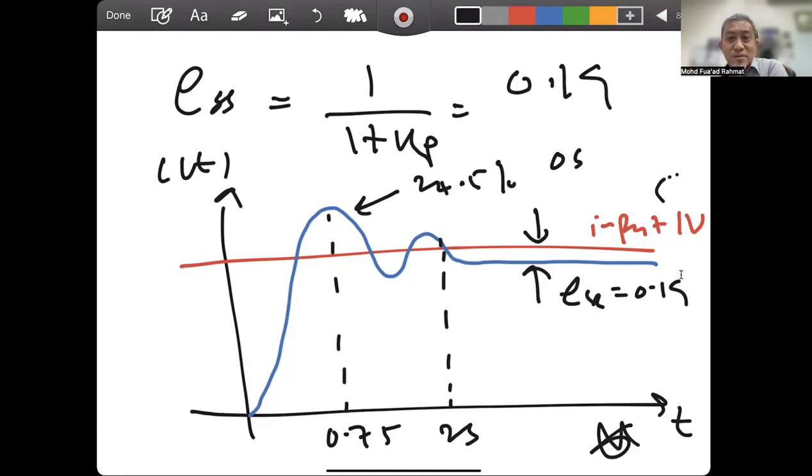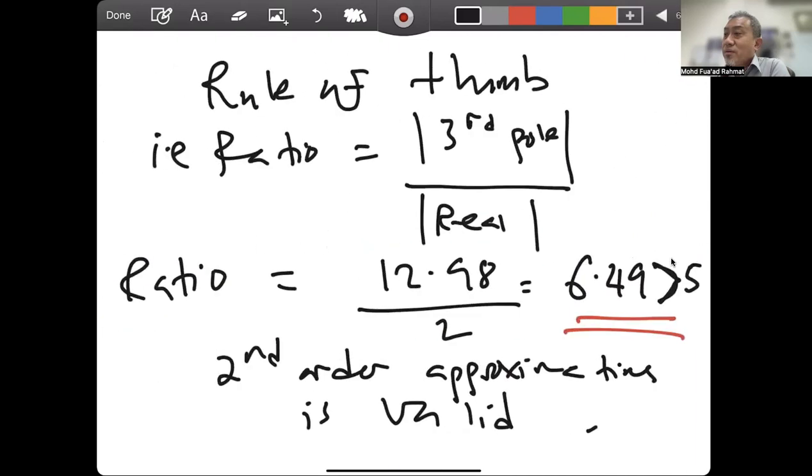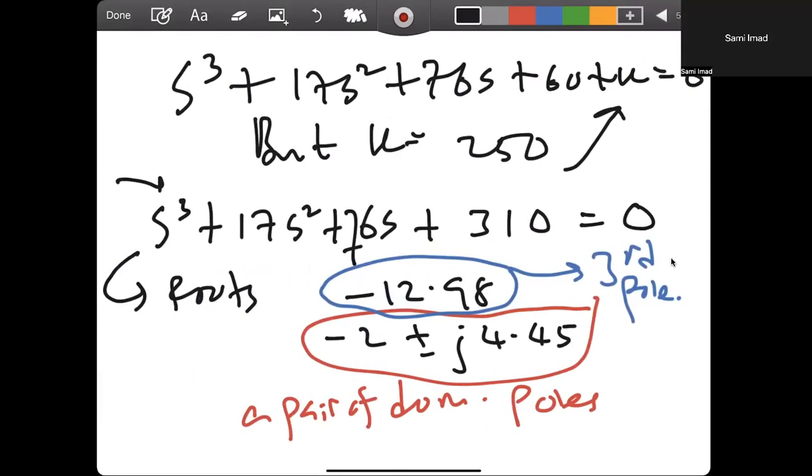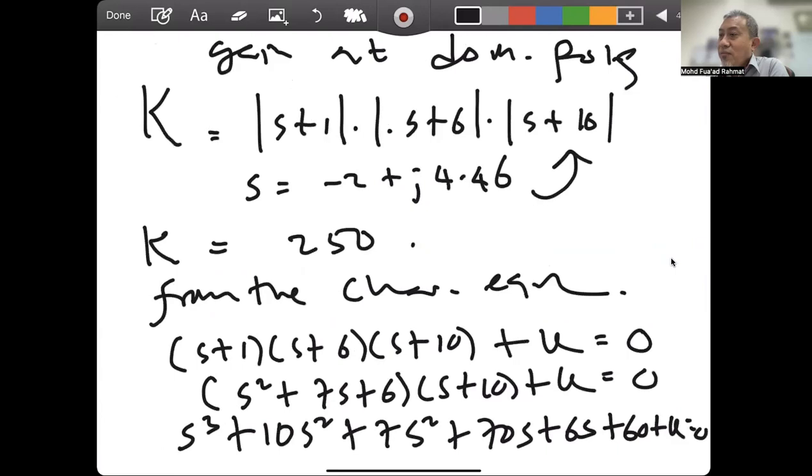Doctor, I have a question regarding finding the value of K. Could we have also used the Routh-Hurwitz table? To find the K, no need, because if you use the Routh-Hurwitz table, we usually want to find the K critical.